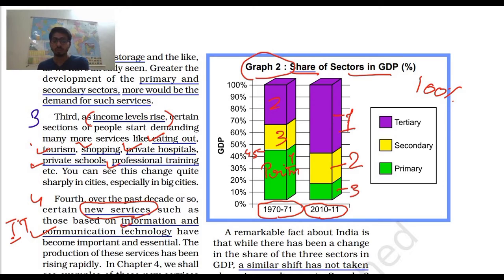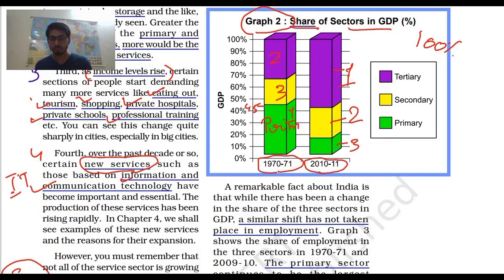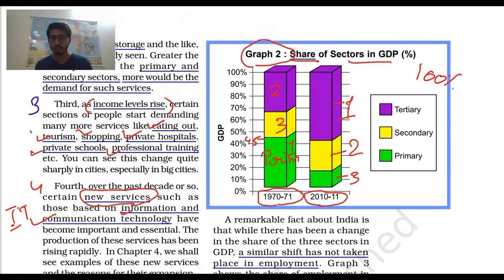So in the first we have seen whose production was more in 2010-11, it was tertiary sector. And now whose share is more, again credit goes to your tertiary sector. So share, I hope it is clear. Earlier whose share was more in 70-71, primary sector, and now whose share is more, your tertiary sector.